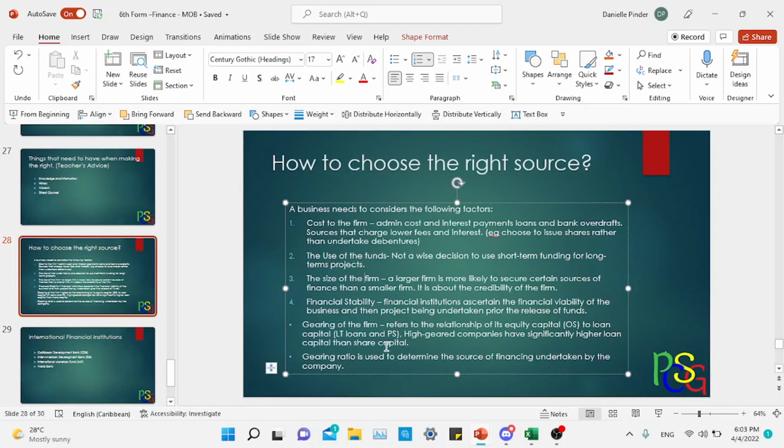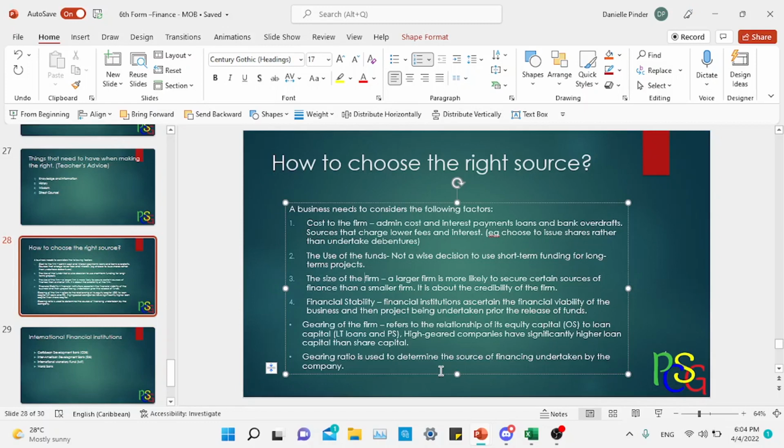So it just means that larger companies, these types of companies, obviously borrow more than people buying shares in their business. So that is all that the company is going to have to consider when choosing the right source of income.